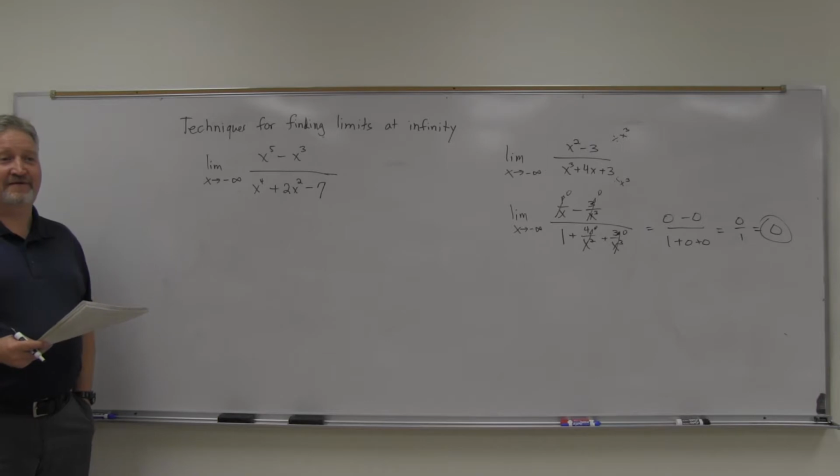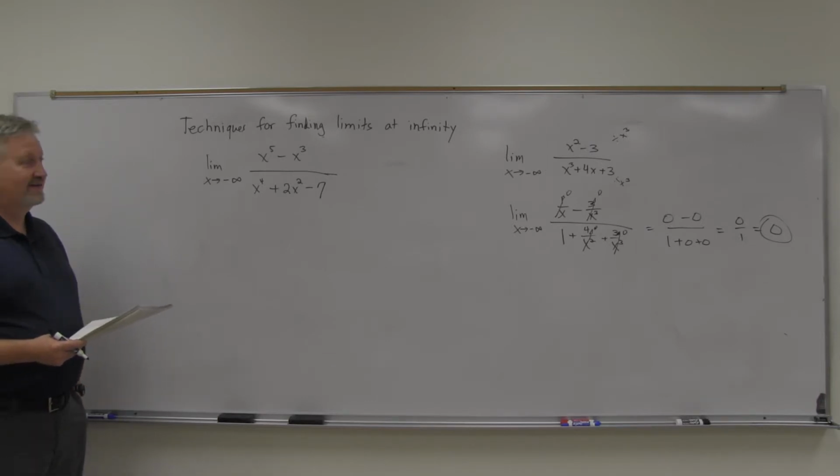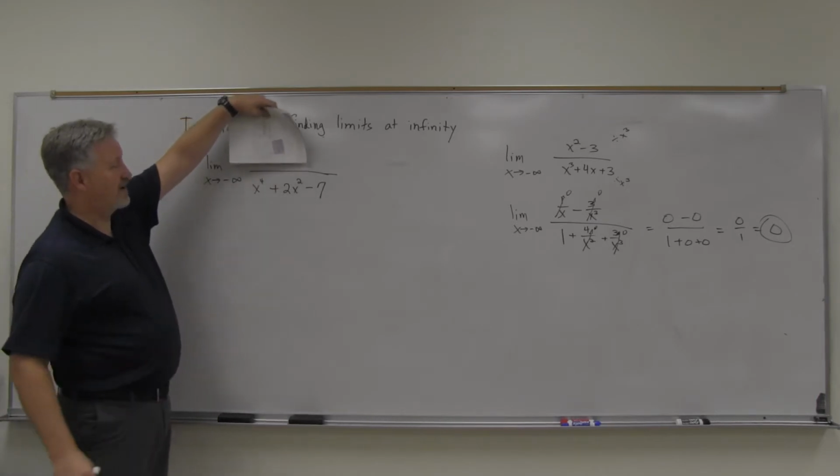What am I going to divide this one top and bottom by? It's a little tricky. It's not the largest power of x, is it? What's the largest power of x in the denominator?